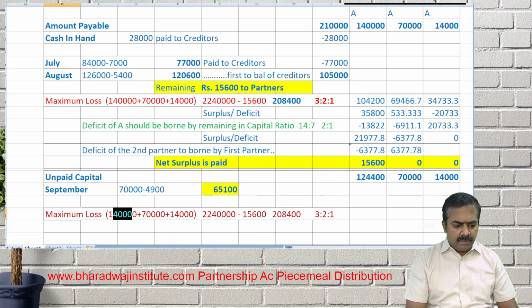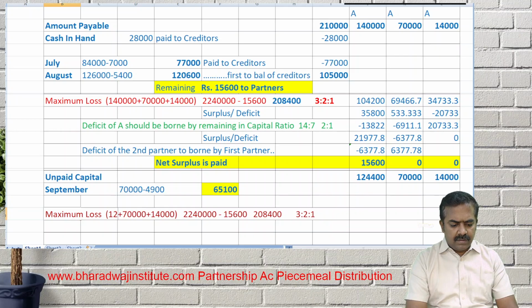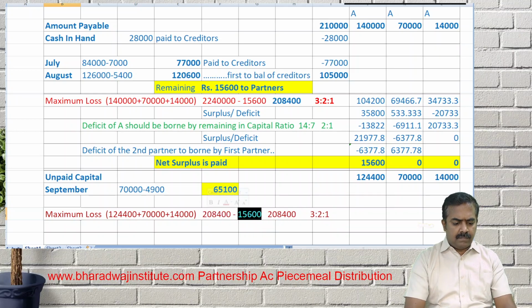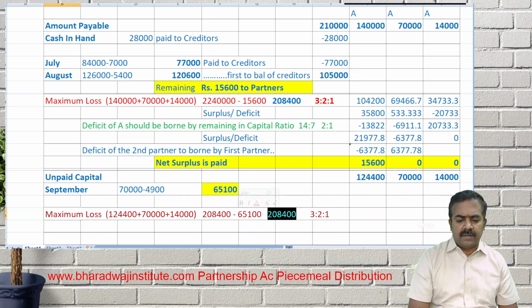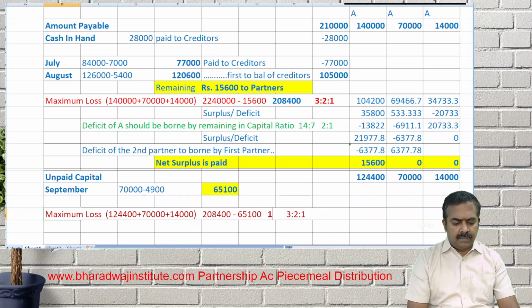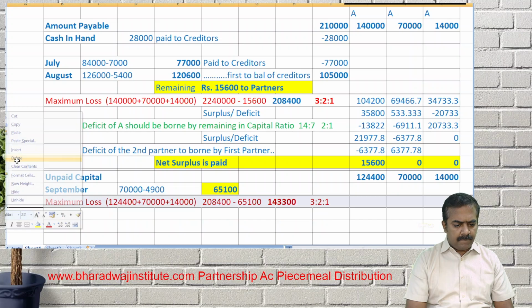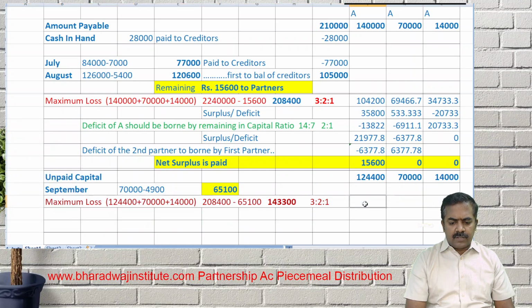How to work out the maximum loss? This one. What is the maximum loss you get? Transfer this in 3:2:1 ratio.